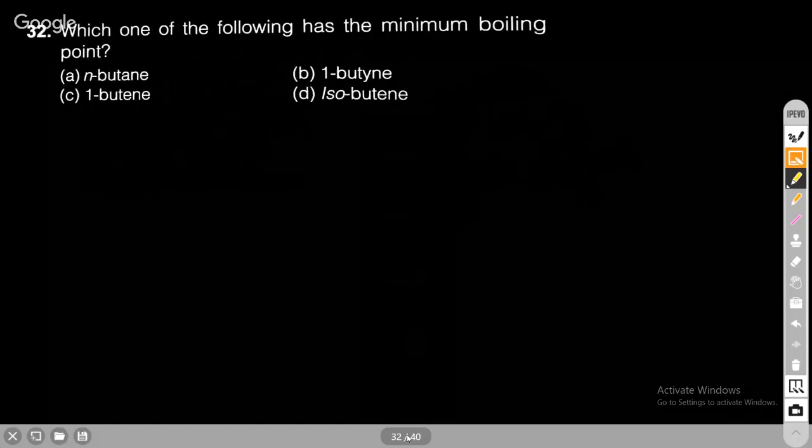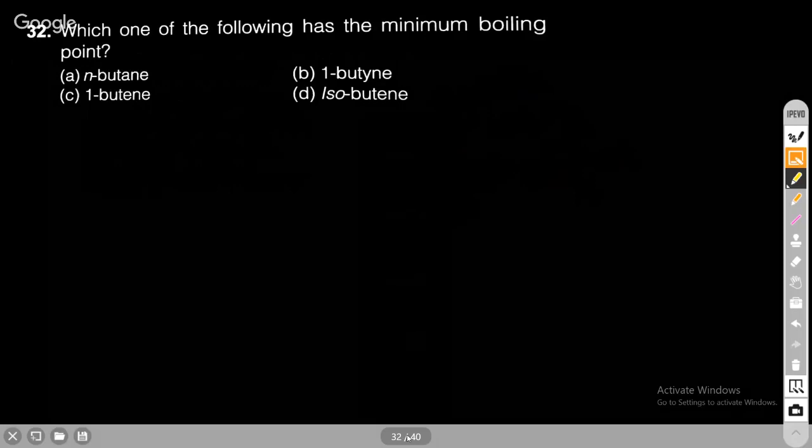Which of the following has minimum boiling point? Tell me first. Minimum boiling point. It is minimum boiling point, Shreyash.